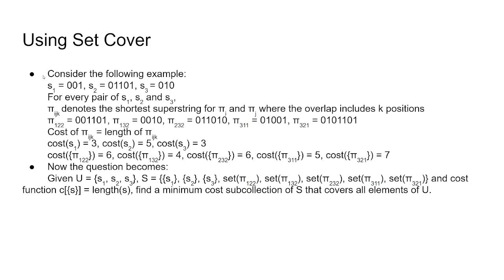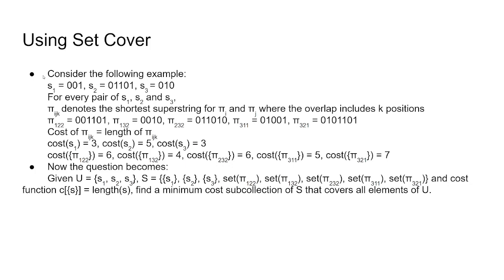So if we try to find the shortest superstring between 001, which is S1, and 01101, which is S2, the maximum overlap possible would be 2 digits, right? Which is 01, the last 2 digits of S1 and the first 2 digits of S2. If we overlap those two, we will get 001101, right? And this is basically pi 1 2 2.